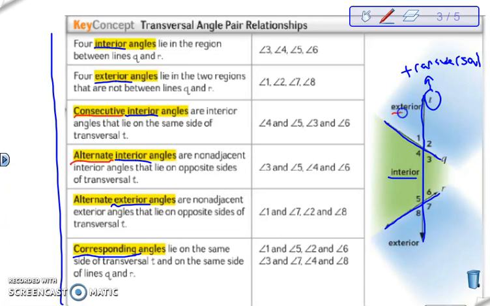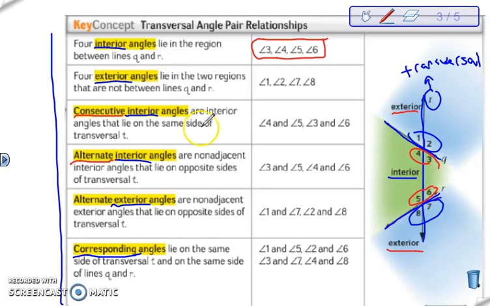Exterior is on the outside, so it's outside of the two main lines. So when it's telling you which ones are the interior angles, we notice 3, 4, 5, and 6 are on the inside. We notice that 1, 2, 8, and 7 are on the outside, so those are our exterior angles.